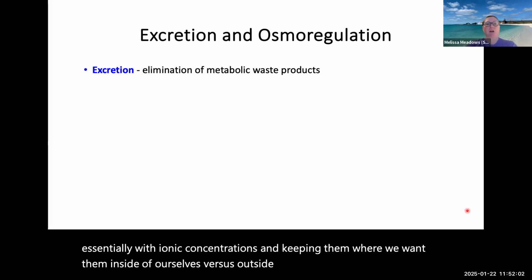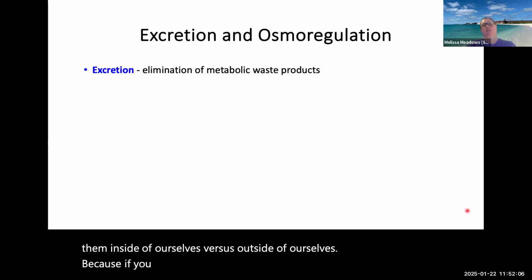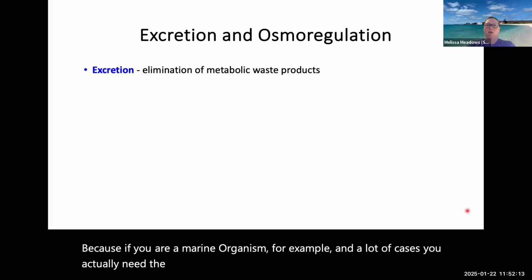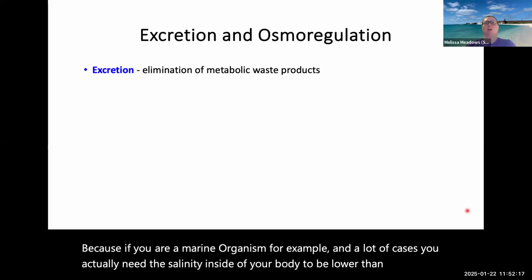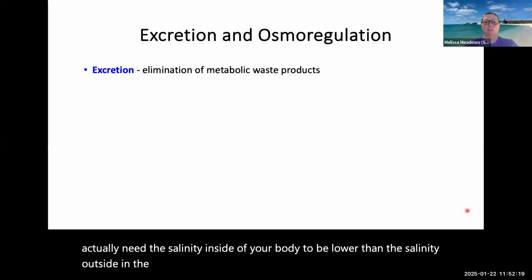If you are a marine organism, for example, in a lot of cases you need the salinity inside your body to be lower than the salinity outside in the environment. And so that's an issue.